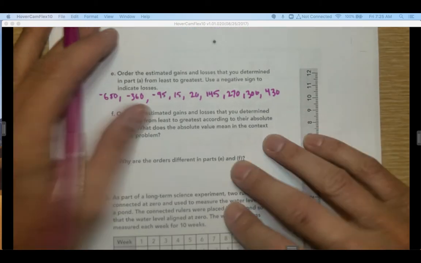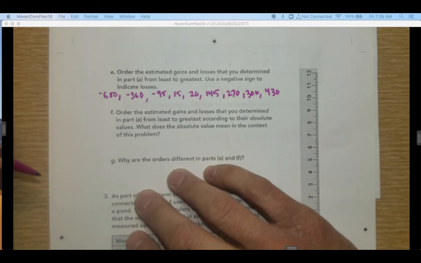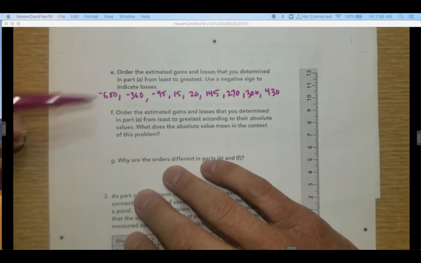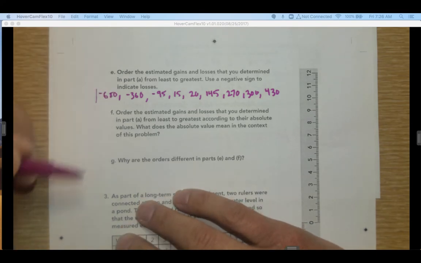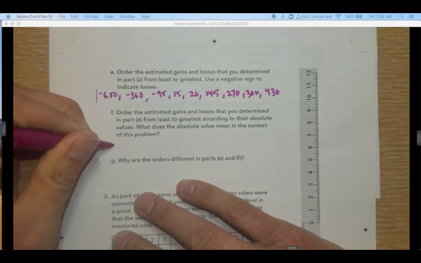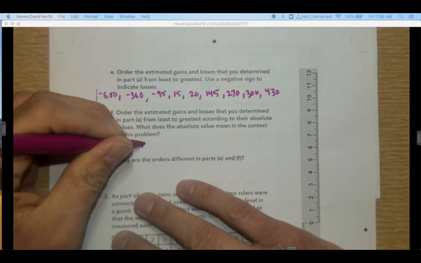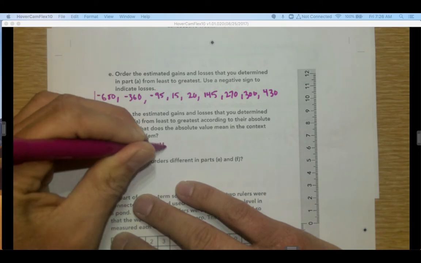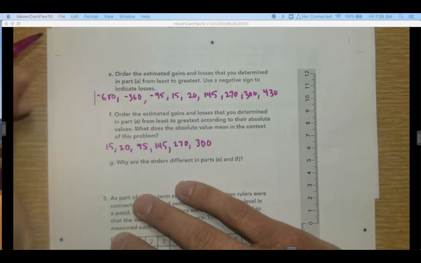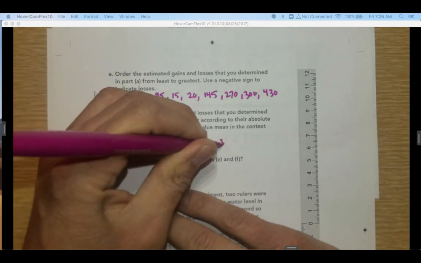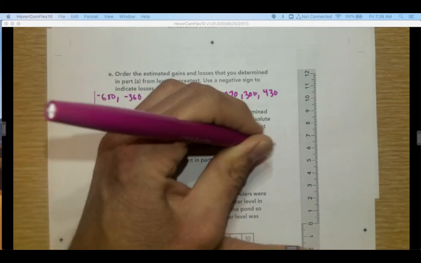Now it says order the estimated gains and losses that you determined in Part A from least to greatest according to their absolute values. So we would have from 15, 20, 95, 145, 270, 300, 360, 430, and then 680.